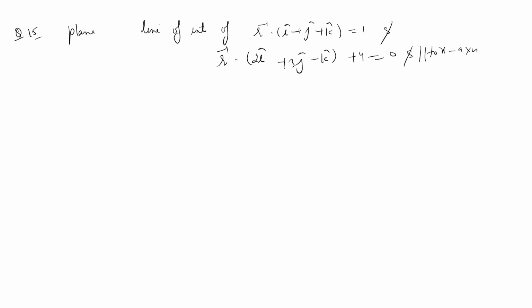Okay, so you very well know how to frame it. We can go for the Cartesian form also, we can go for the vector form also, right? So it's better that we practice for the Cartesian form here. Okay, so let us change to Cartesian form.